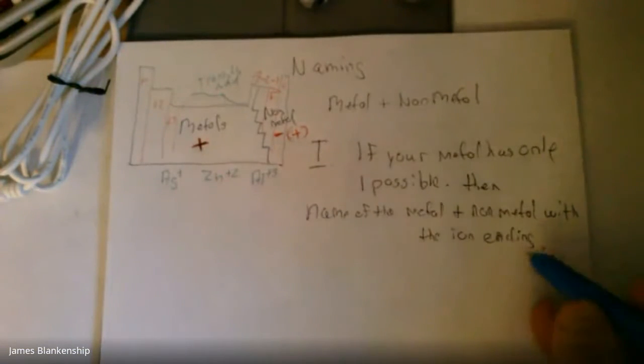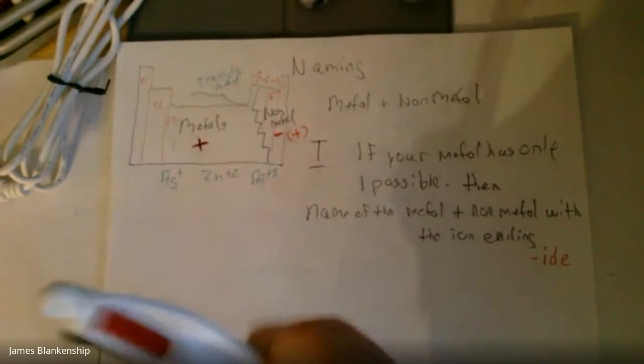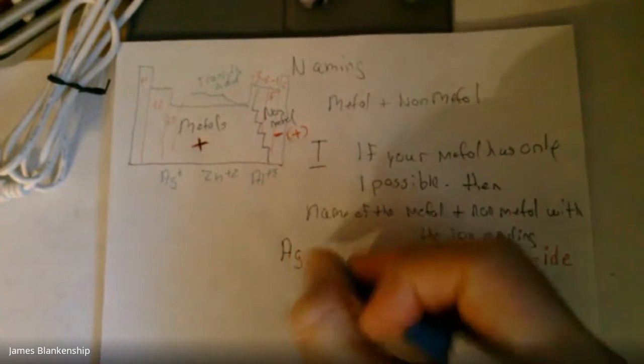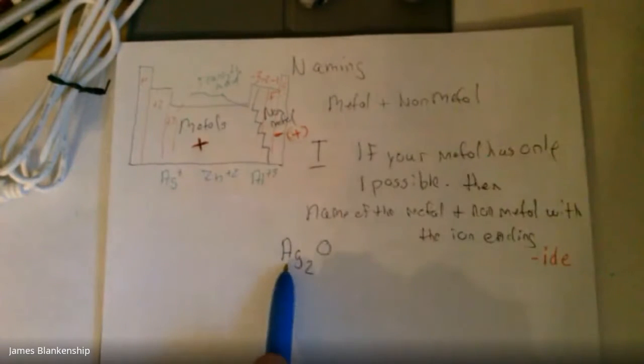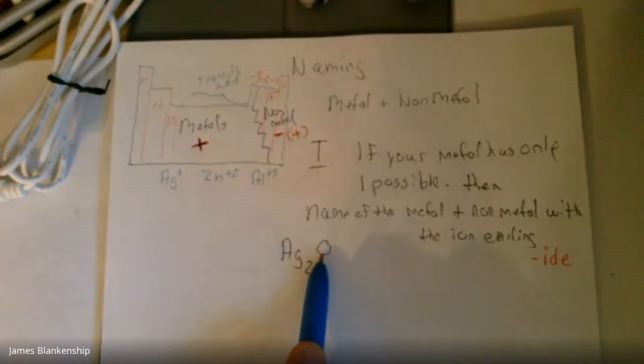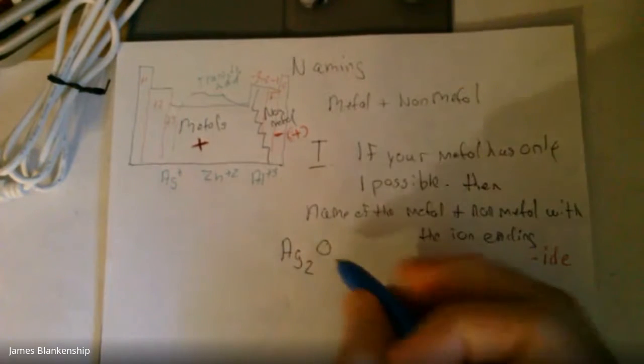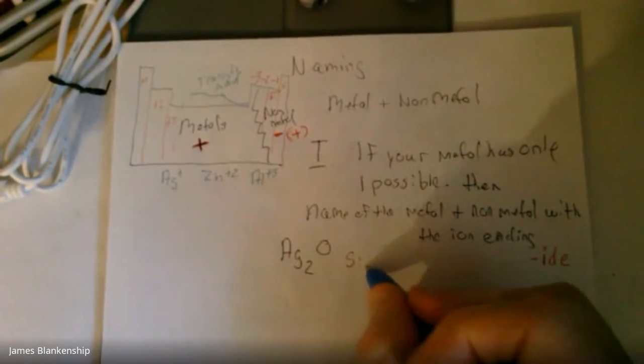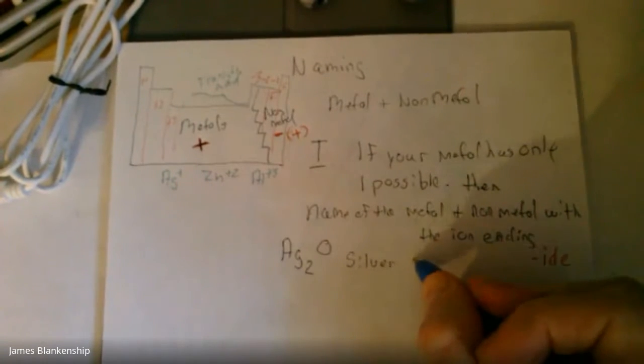So let's look at an example. Let's take silver. Ag2O. Now this subscript is because silver is a +1, oxygen is a -2, and because silver only has one possible charge, it just becomes silver oxide.